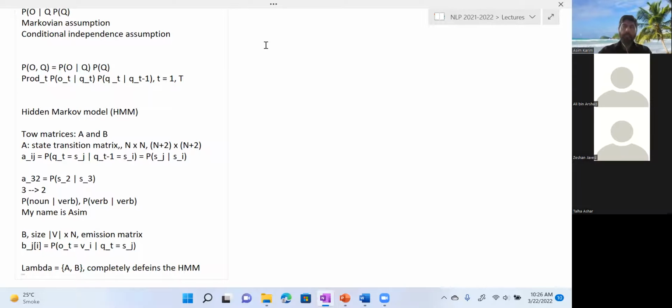Lambda is basically both A and B, where A is the state transition probability matrix and B is the emission probability matrix. If you have both of these, you have a precisely defined HMM. And then, of course, you can use this HMM to solve various problems.